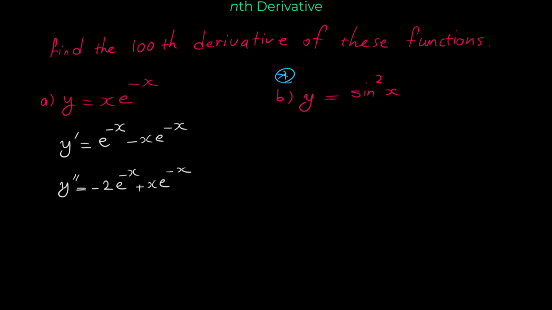Can you guess what would be the third derivative without taking derivative? It would be positive 3e to the negative x minus x e to the negative x.